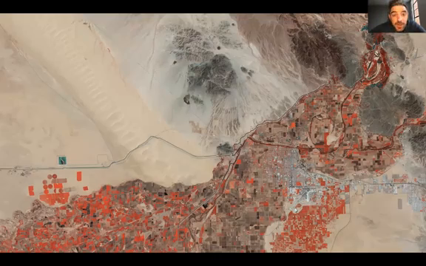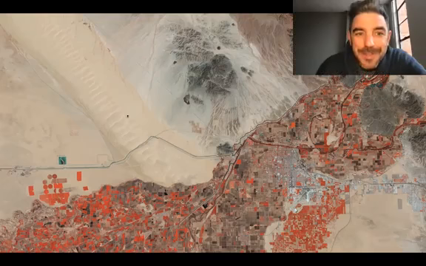Right now, images like this are increasingly available. There's been a boom in the kinds of satellites available to the public, and satellite information like this is available for much of the world, creating great opportunities for spatial data scientists.